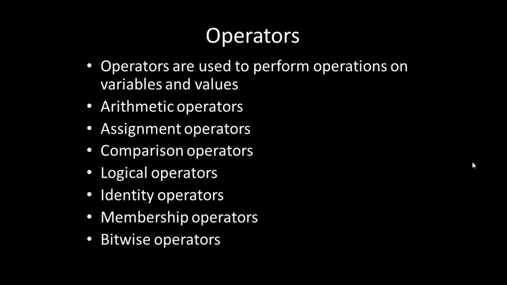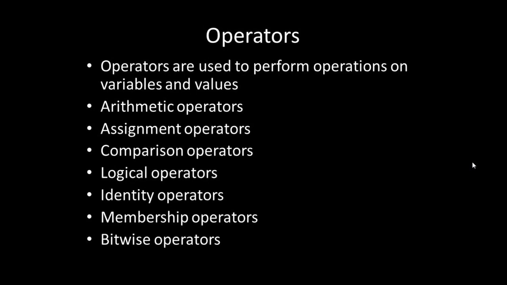So there are different types of operators available in Python. One is arithmetic operators, then we have assignment operators, comparison operators, logical operators, identity operators, membership operators, and bitwise operators. We shall be seeing all these operators one after the other. If you know any programming language, you will be able to understand these operators very easily.